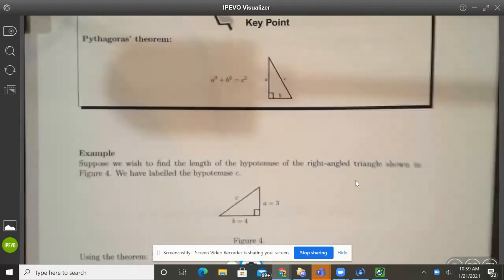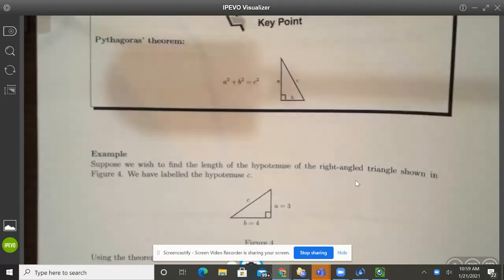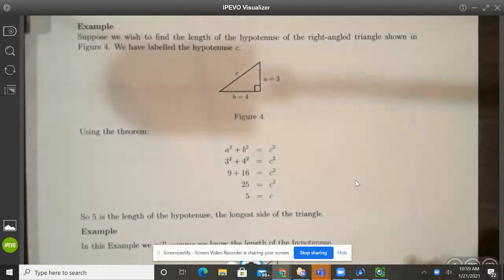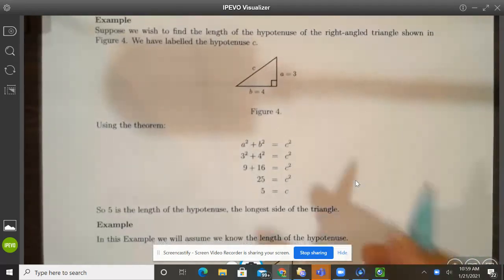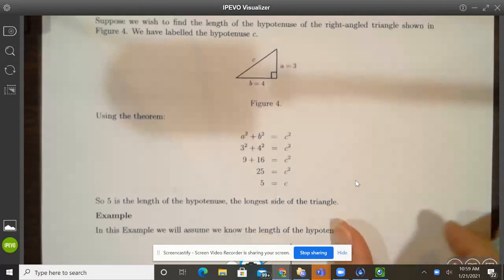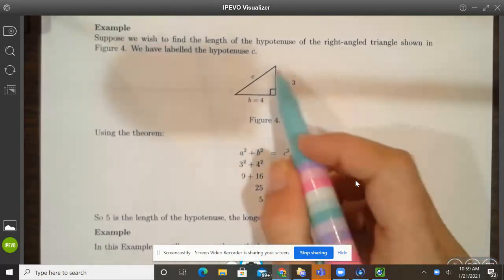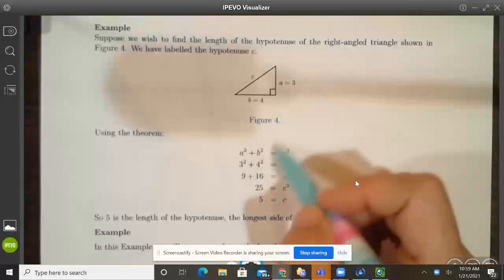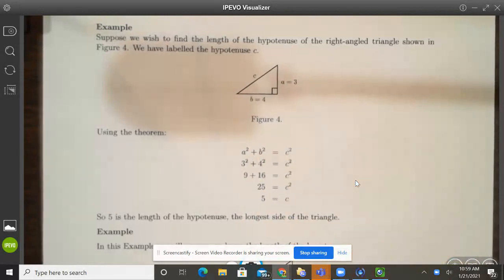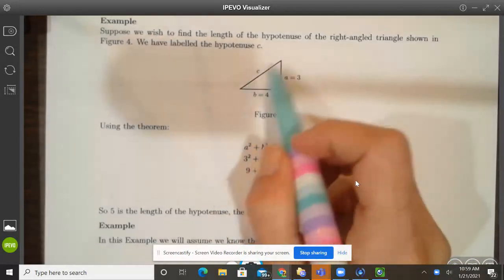We call it the Pythagorean theorem or Pythagoras theorem, whatever you want. This is a perfect example here. Sometimes you gotta look for the missing side, so you use the formula to find missing sides. In this case, you're looking for c squared.